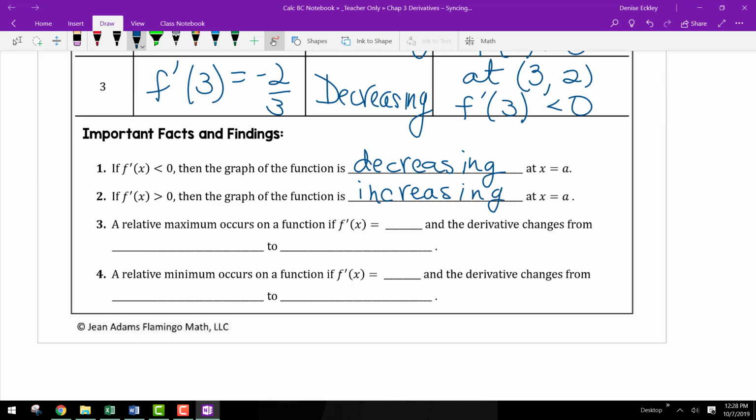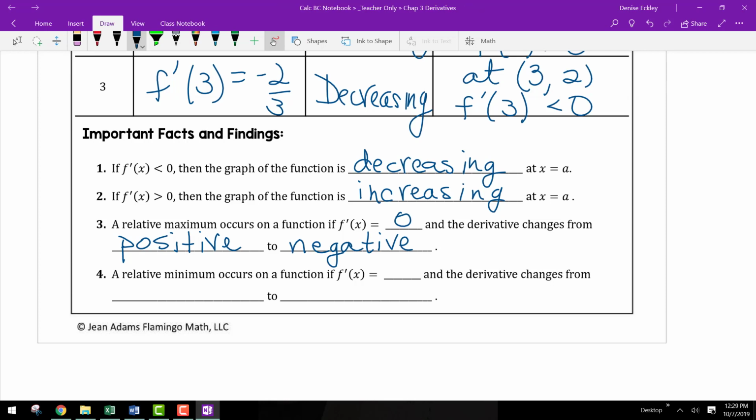Number 3, a relative maximum occurs on a function if f prime of x equals 0 and the derivative changes from positive to negative. Because we were going up and we got to the top, we have a horizontal tangent line, and now we're going to start going down, so our slopes will be negative. And just the opposite occurs.